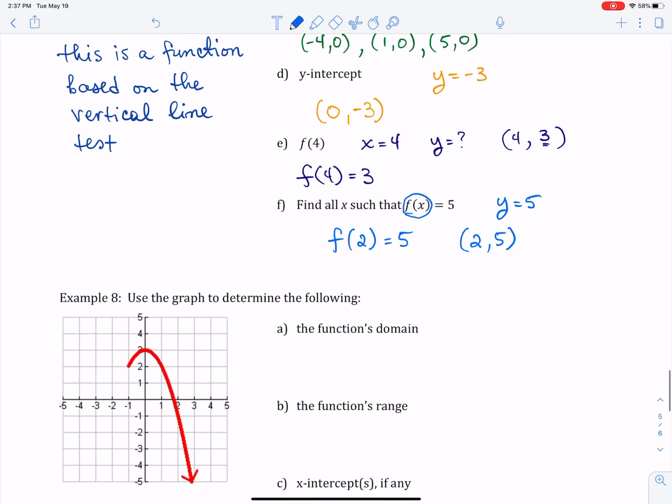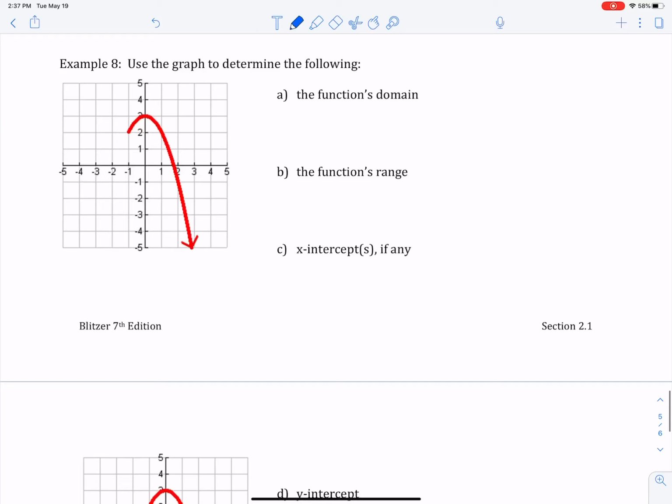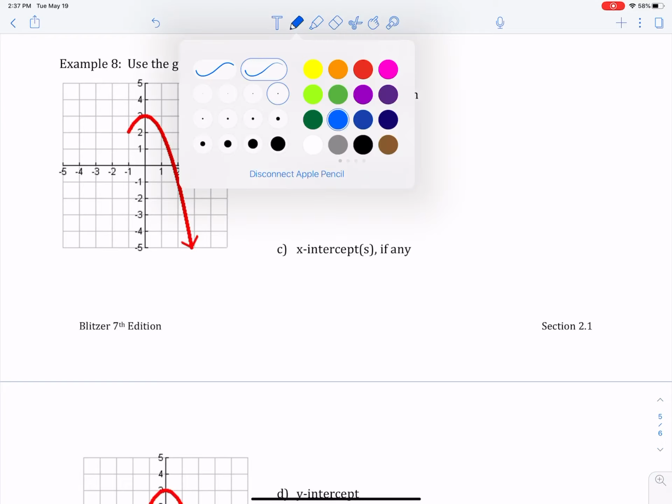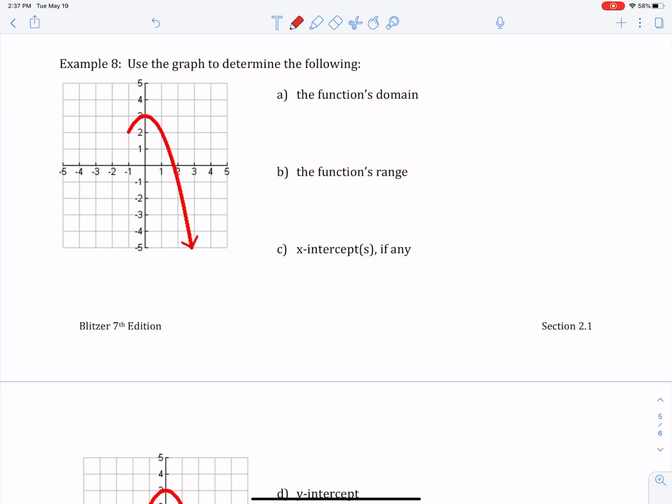Let's repeat this exercise with a different graph. Use the graph to determine the following: the function domain. Well, where is the first value of this function? There is not really an empty dot, but I'm going to assume that this is a complete dot, a full dot. And I'm going to think, okay, the first x value is at -1.